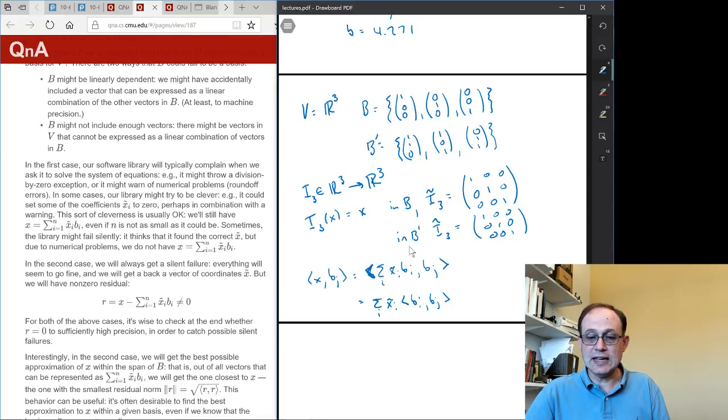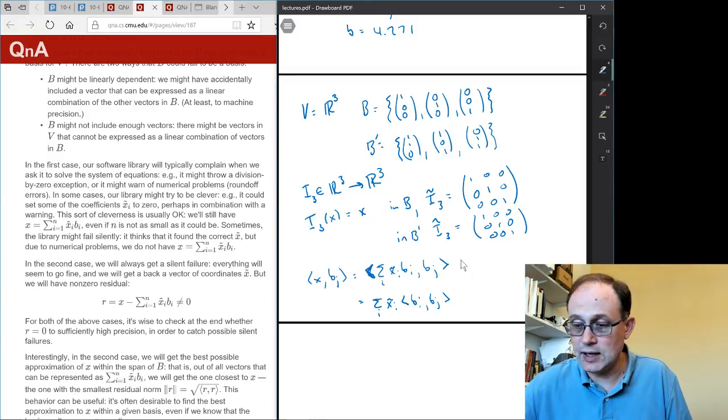The interesting thing is that that is true as well in B prime. If we represent both x and I3 of x in B prime, then the coordinate representation of the identity has to be this again, because we put in one coordinate representation, we have to get out the same coordinate representation at the end.